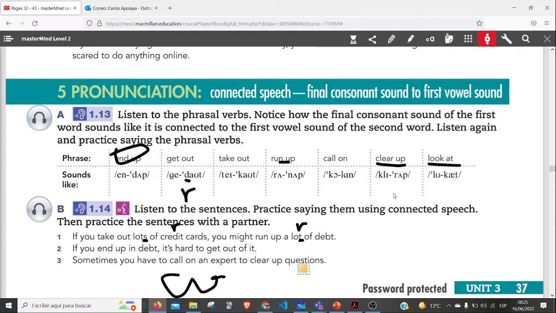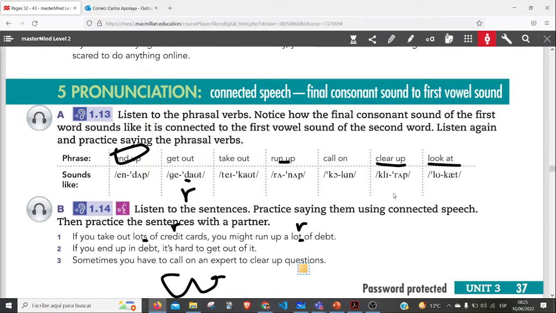Get out of. Yes. And now, when you have the F sound, of. Get out of it. Yeah, 1 minute, please. Can you pronounce this word?